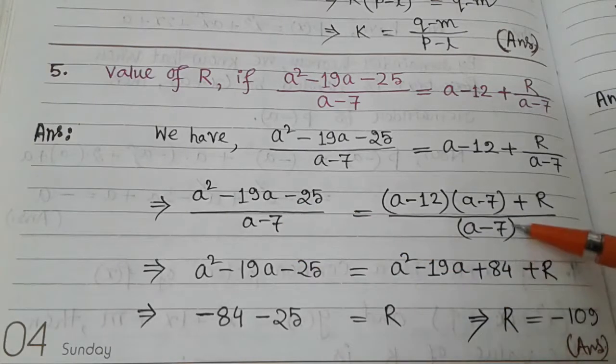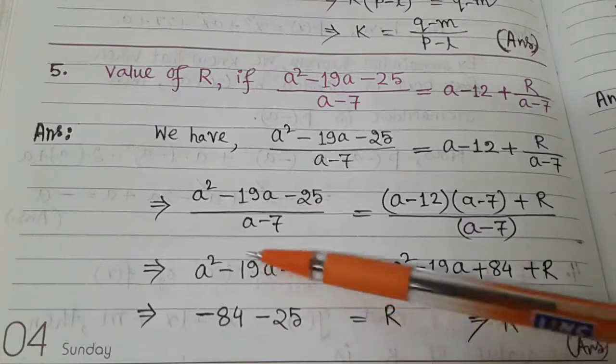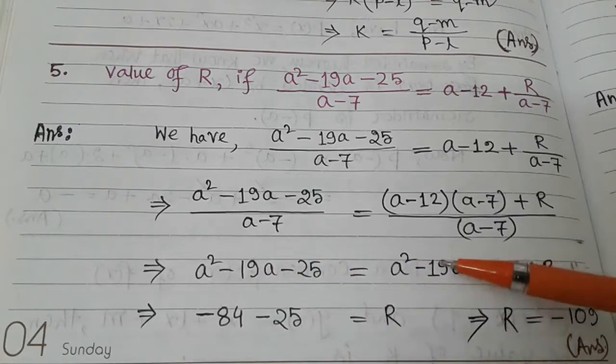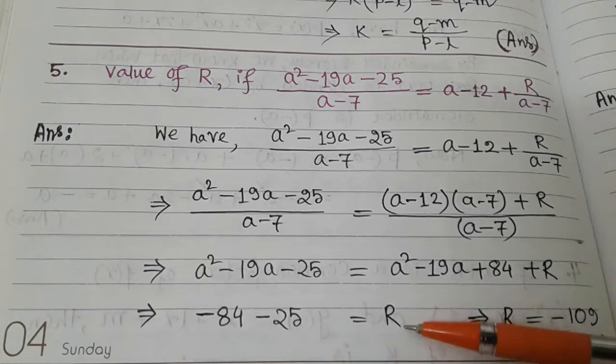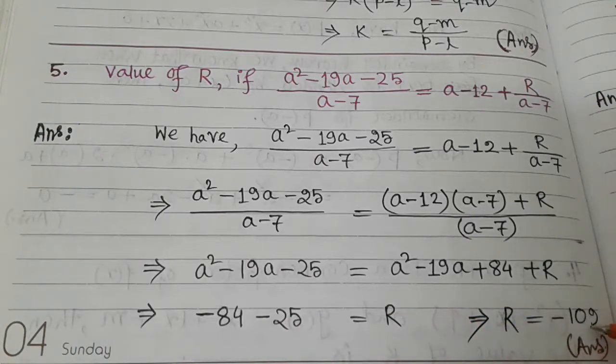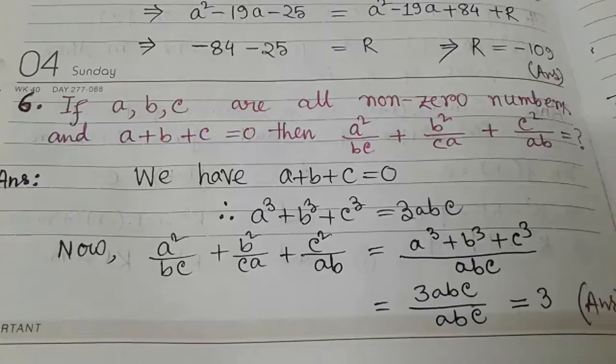Cancelling a minus 7 from both sides, cancelling a square and minus 19a from both sides, we will get minus 84 minus 25 is equal to r. So r equal to minus 109. This is the required answer.